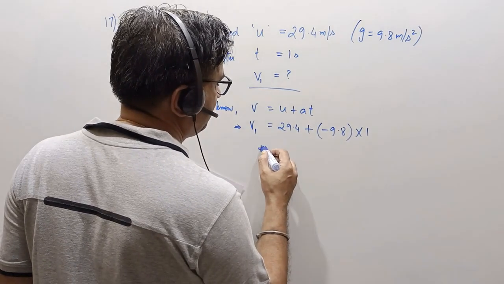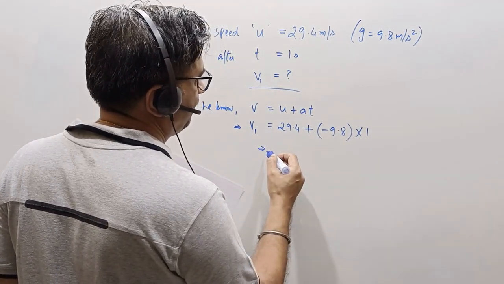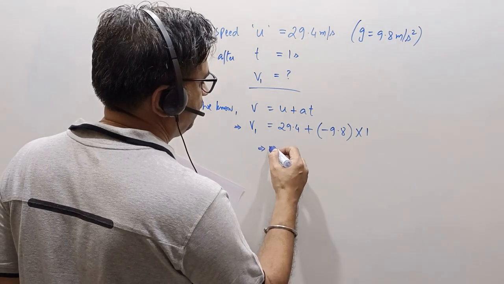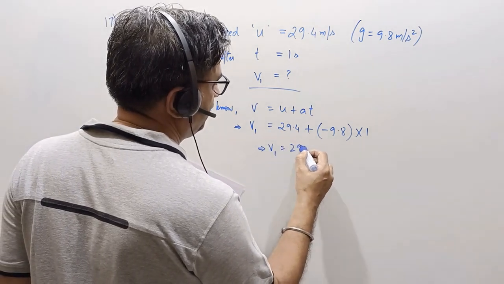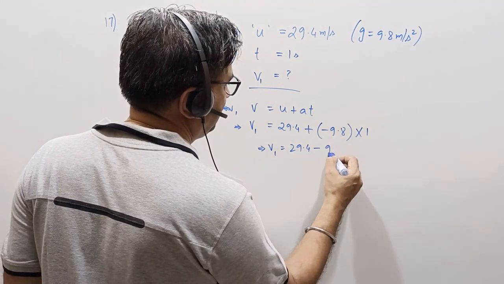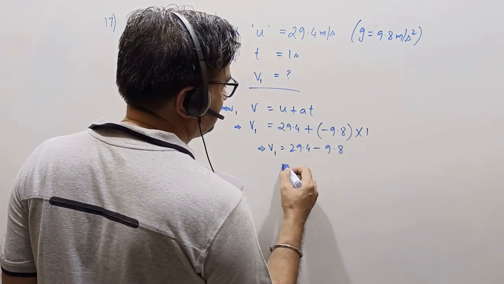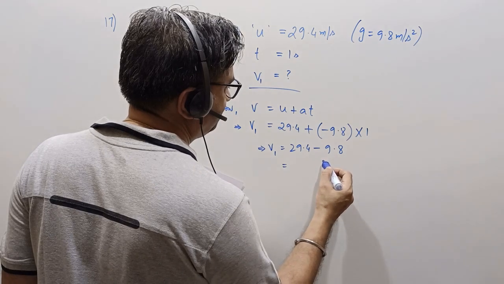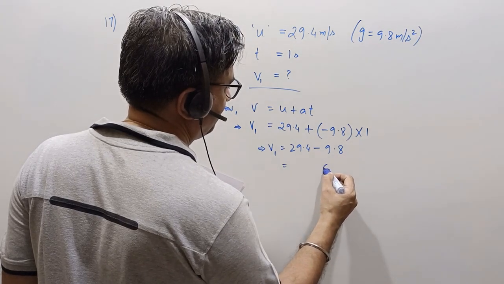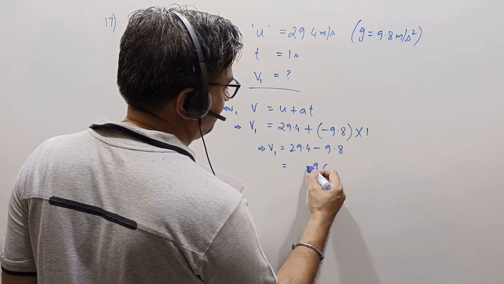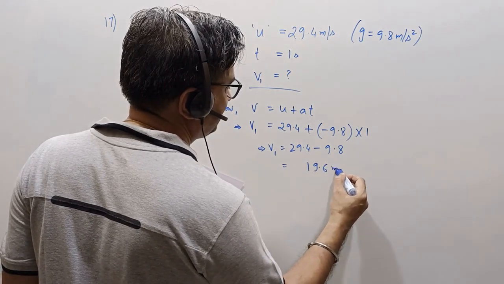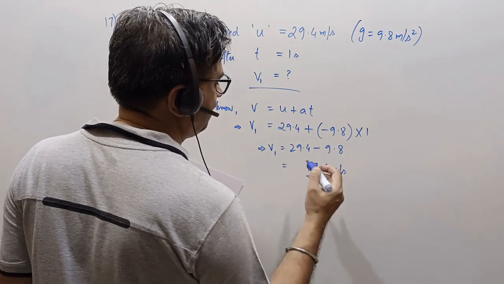So in this case we can calculate v1. So this is 29.4 minus 9.8, which comes to 19.6 meters per second is the velocity.